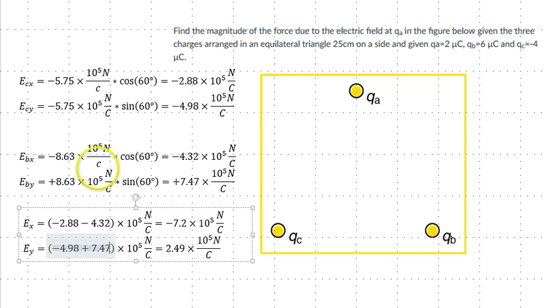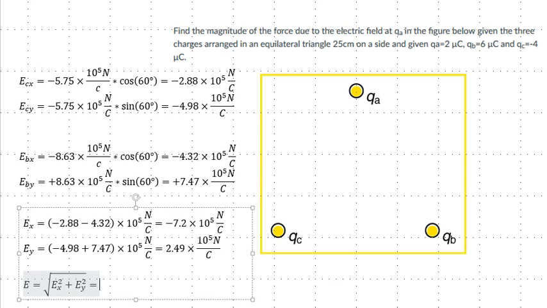Okay, so now we have the X component of the electric field, we have the Y component of the electric field, and we need to get the total magnitude of the electric field. So the total electric field is just going to be the square root of EX squared plus EY squared. It's the hypotenuse, right? We have the X component and the Y component, two sides of the triangle. The length of the hypotenuse is the square root of A squared plus B squared.